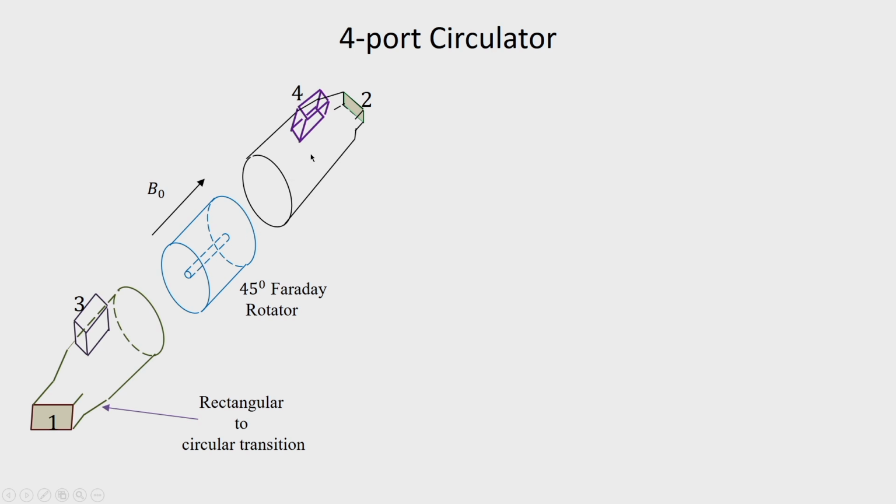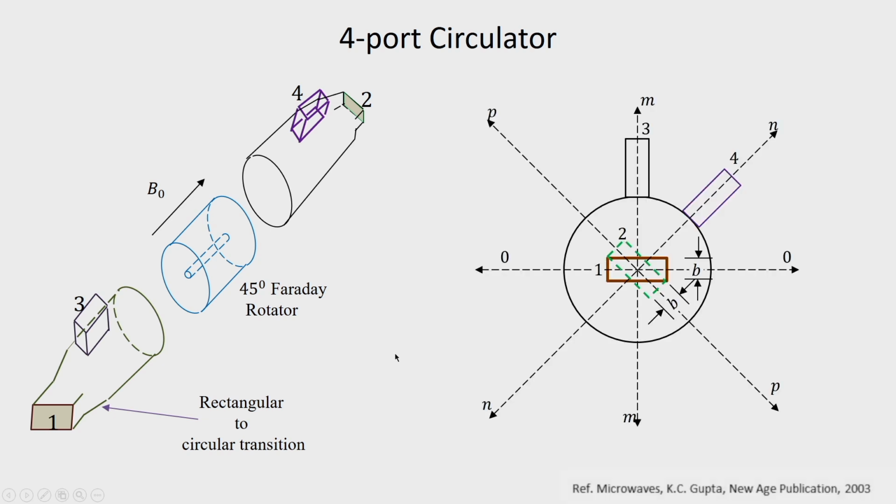Next, we have the port 2 which is again a transition from circular to rectangular, but this time at an angle of 45° with respect to port 1. We have 2 additional rectangular ports which are on the circular waveguides and the positioning of these ports are as shown.